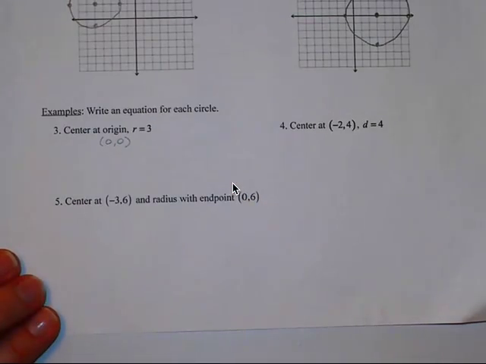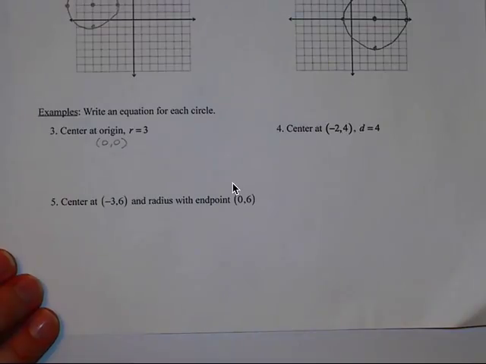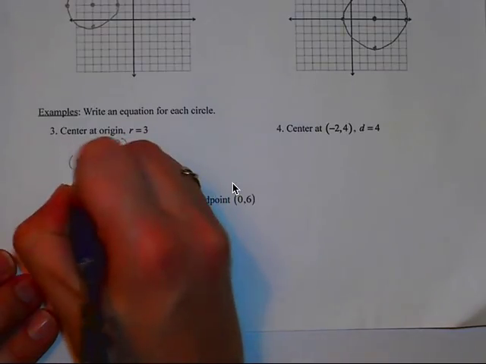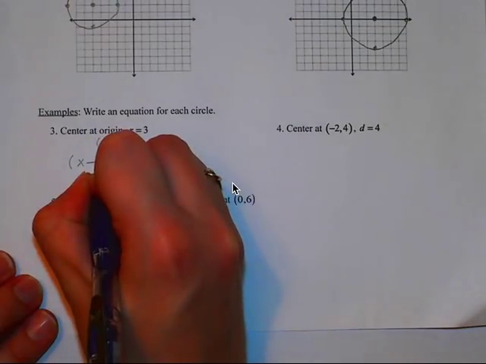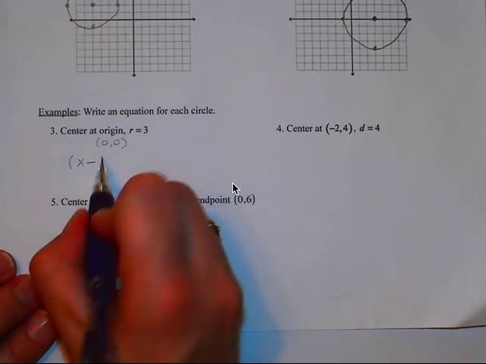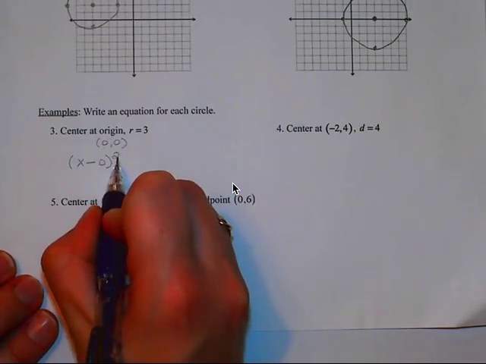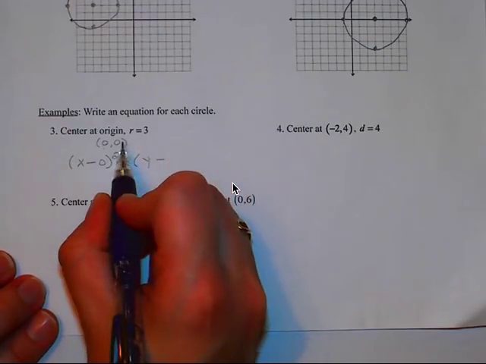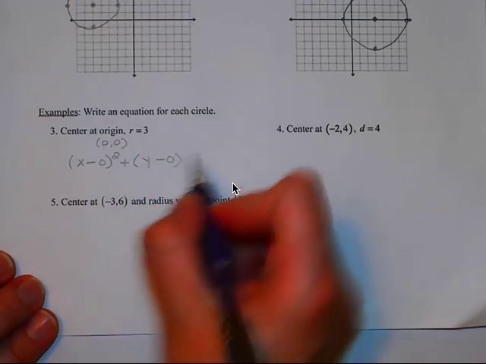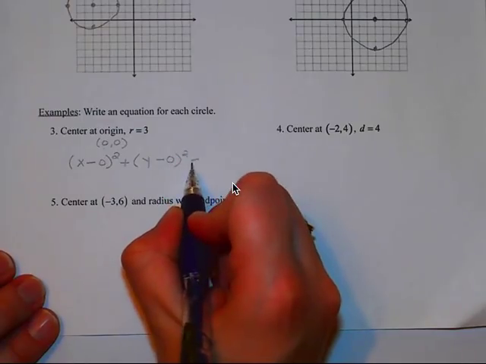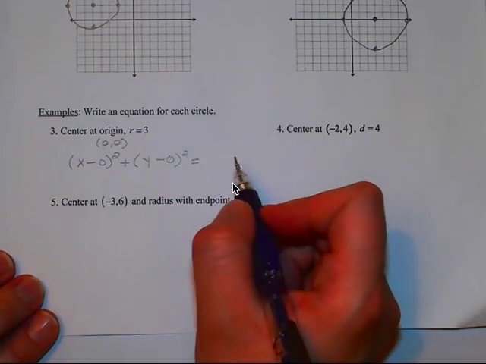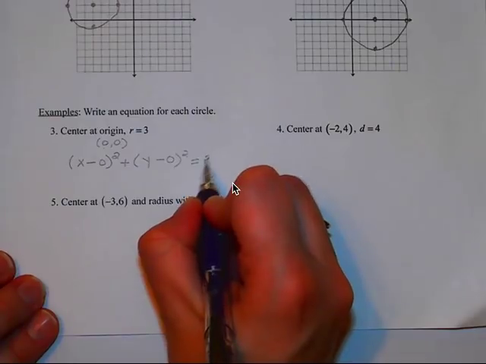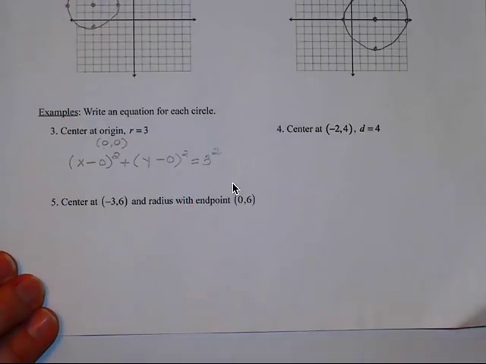Radius is 3. If we plug that information into our formula, it says x minus the x coordinate of the center, which is 0, squared, plus y minus the y coordinate of the center, which is also 0, squared, equals the radius squared. So our radius was 3, and that gets squared.